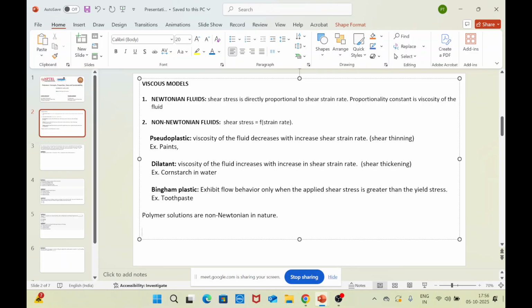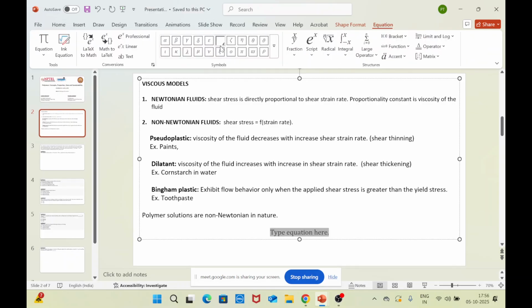So, if you have to express this mathematically, you can write it this way.